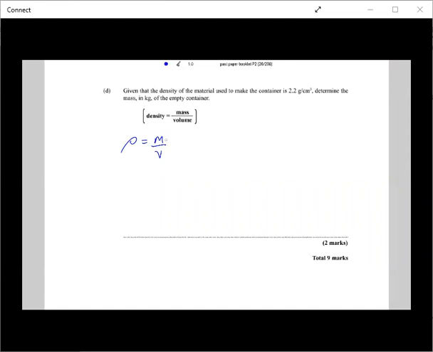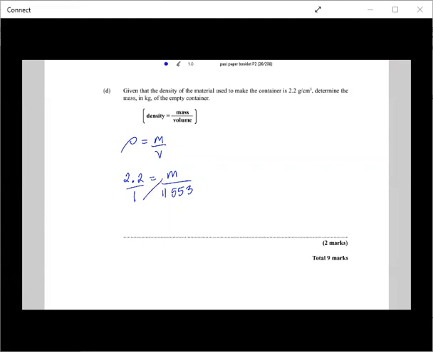So I write my formula and put in what I know. The density is 2.2, the mass I don't know, over the volume of the container, which is 11,553. Now I'm going to work to find what I don't know. If I have one fraction equal to one fraction, I should cross multiply.